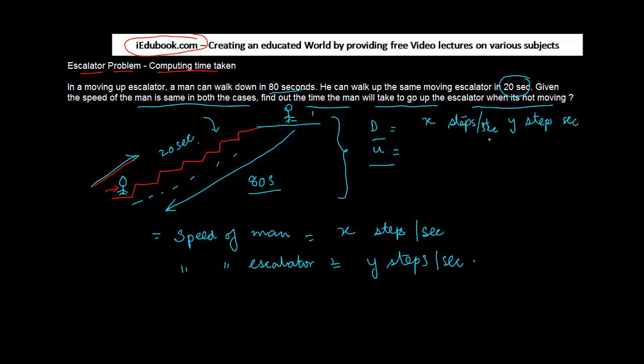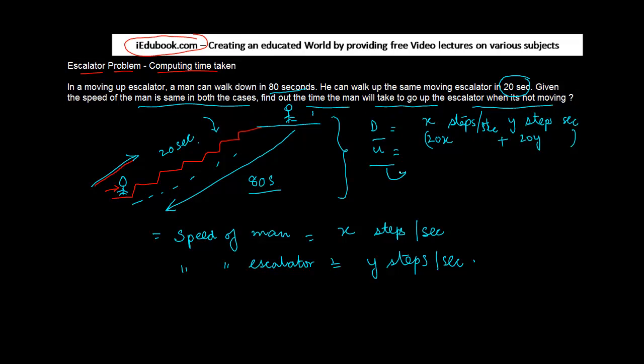So in 1 second he moves x steps, so in 20 seconds he will move 20x steps, and the escalator will move 20y steps. So the downstream distance will be 20x plus 20y. I can just remove the word steps for convenience.